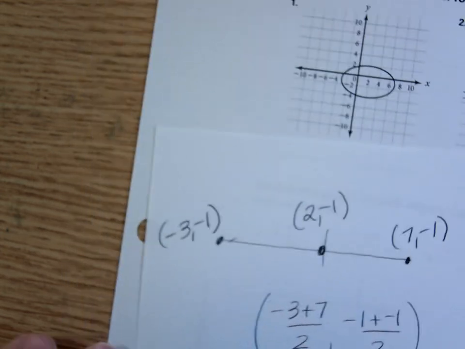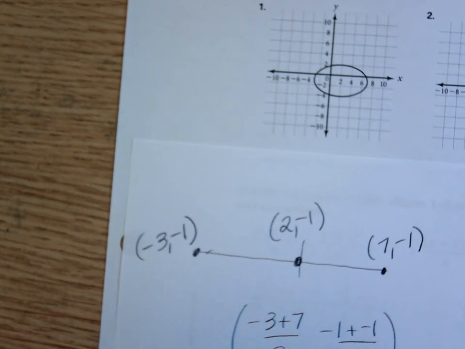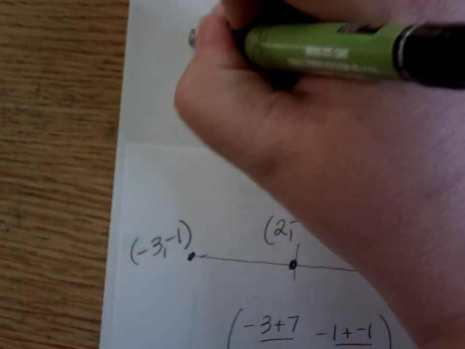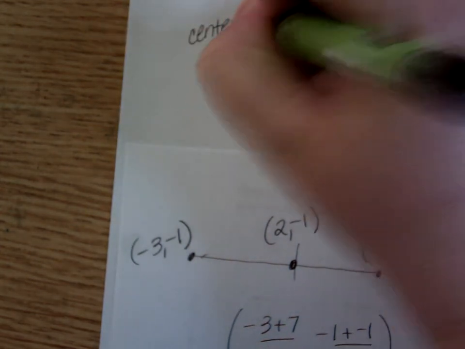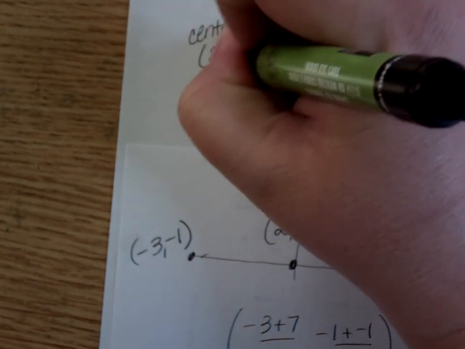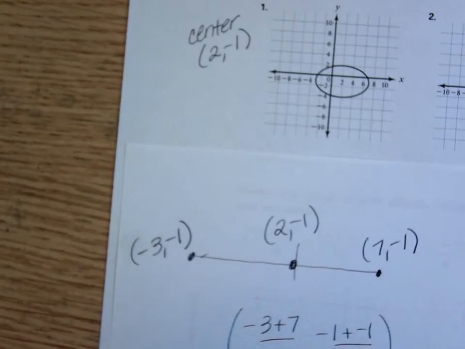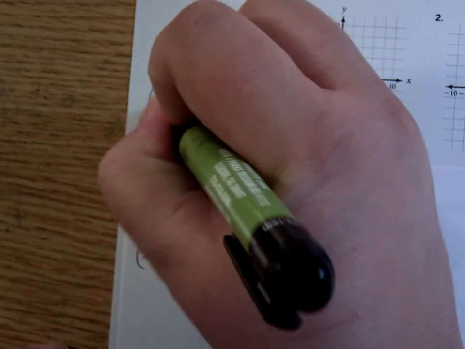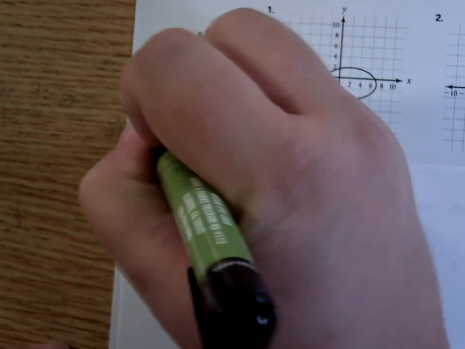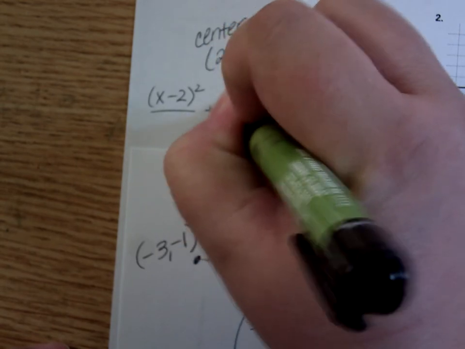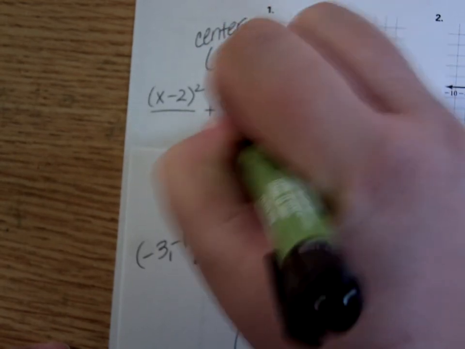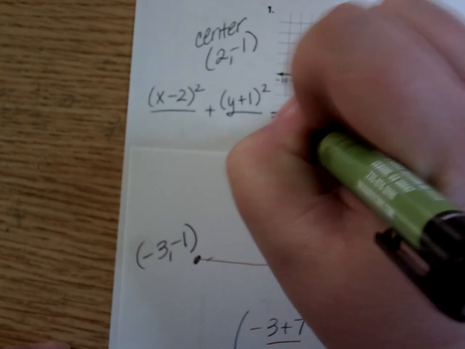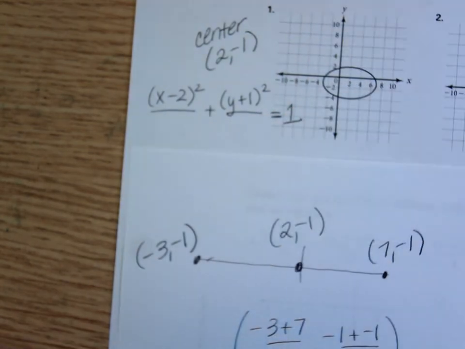So now I'm talking about, for number 1, an ellipse that has a center at 2, -1. Okay, so that tells me x minus 2 squared over something plus y plus 1 squared over something equals 1. I know that much just from knowing where the center is.